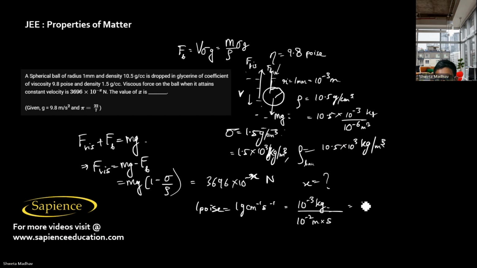So this will be 10 power minus 1 kg per meter per second, which means 10 power minus 1 poiseuille. So the SI unit of viscosity is poiseuille and the CGS unit of coefficient of viscosity is poise. So it means that 1 poiseuille is equal to 10 poise.